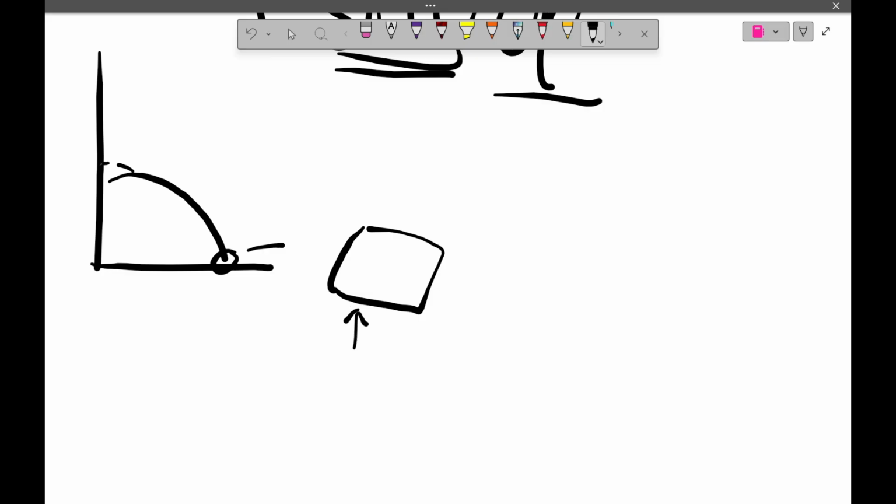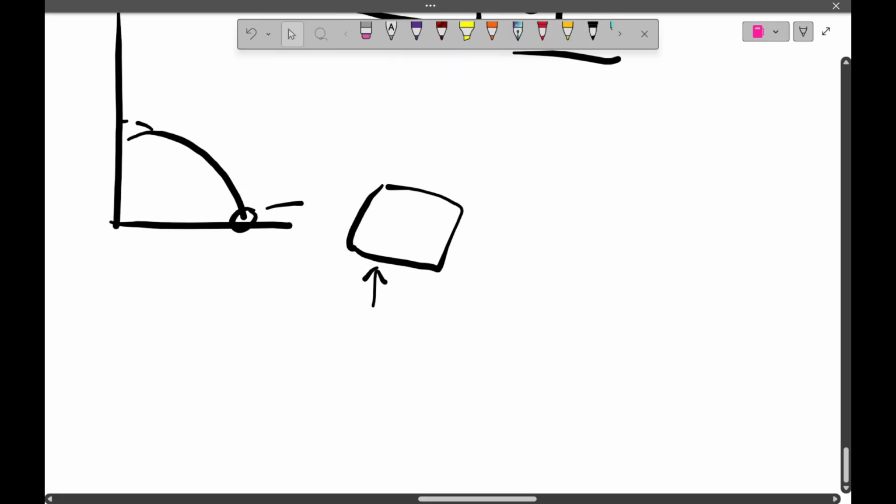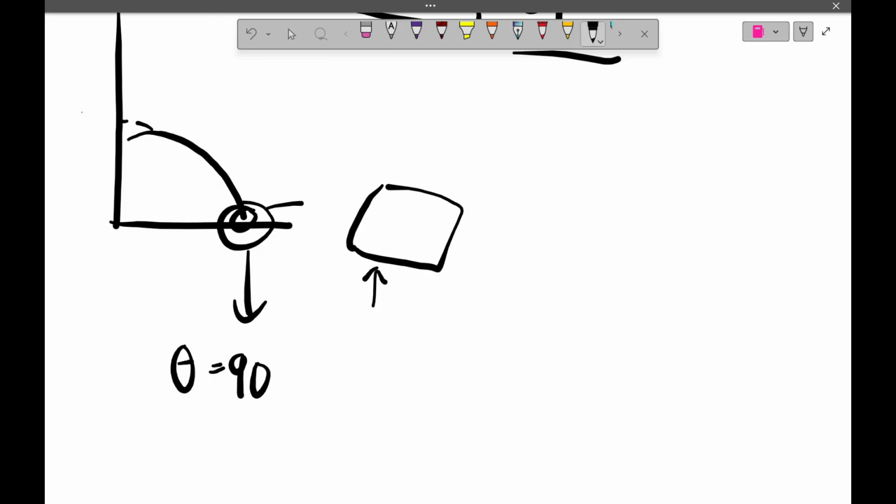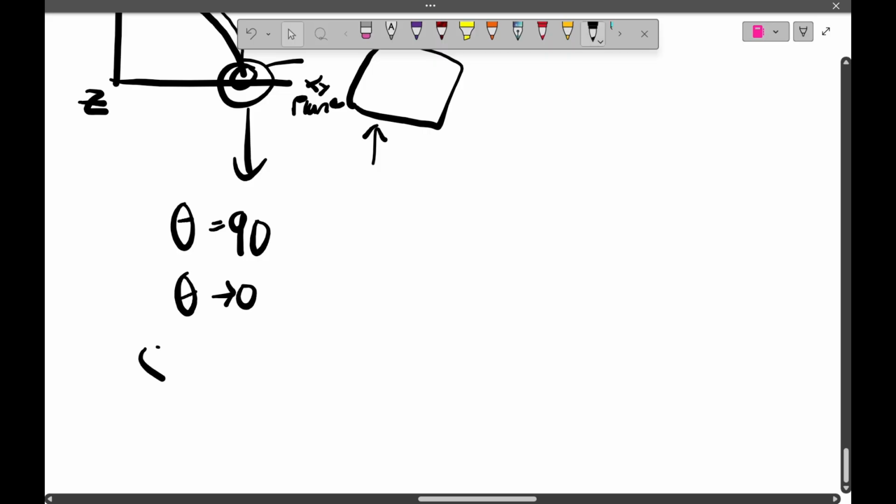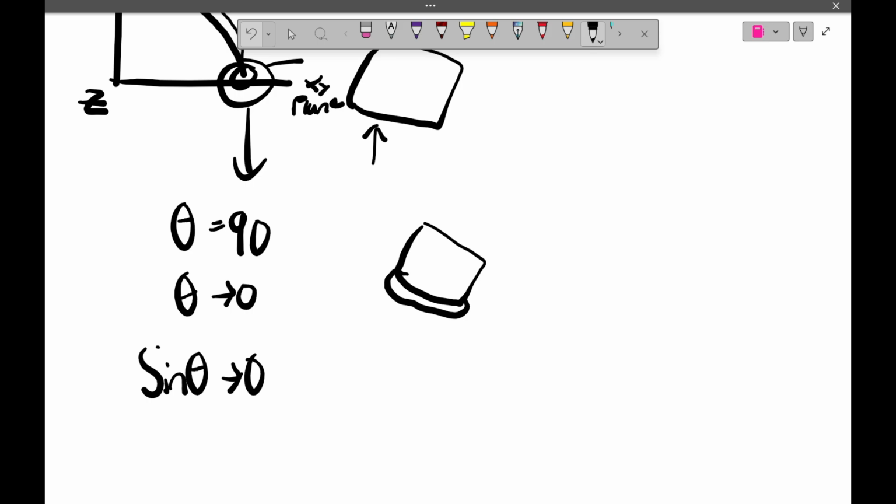And as I move up here, they're going to grow smaller and smaller. So if the maximum possible arc width is at theta equal to 90 relative to, let's say this is the xy plane, as I move up, theta approaches 0, which means sine theta approaches 0. So at the very bottom, the highest that this arc width is ever going to be is r times phi, isn't it?